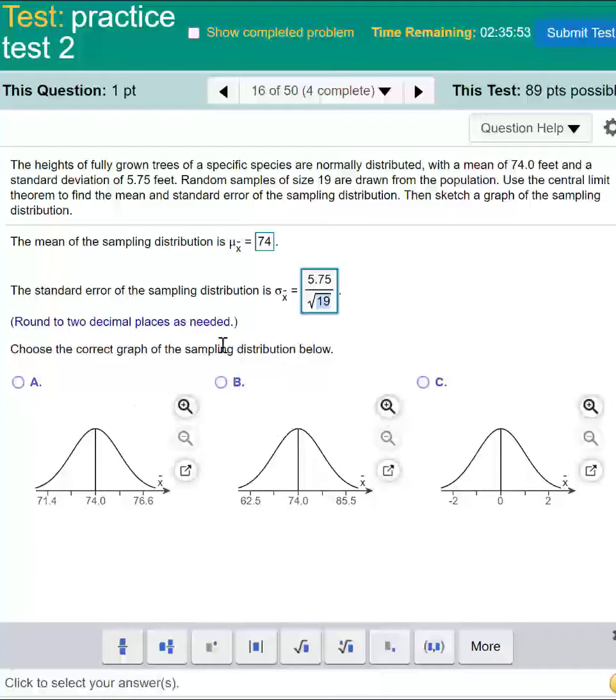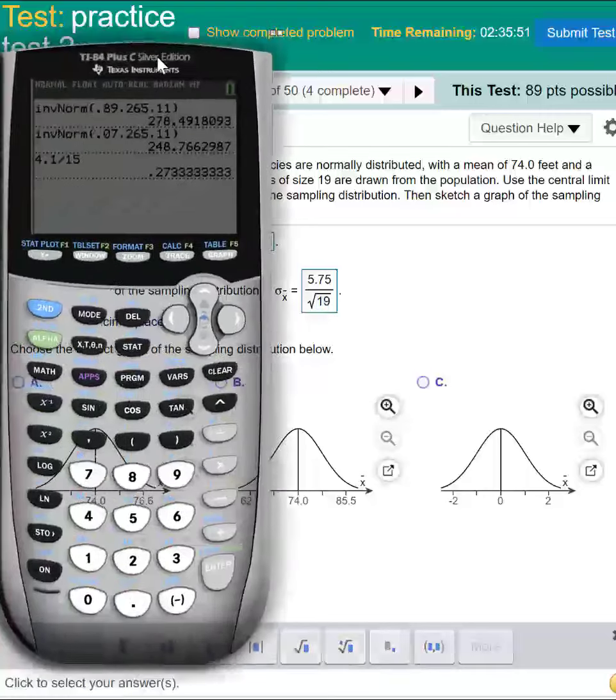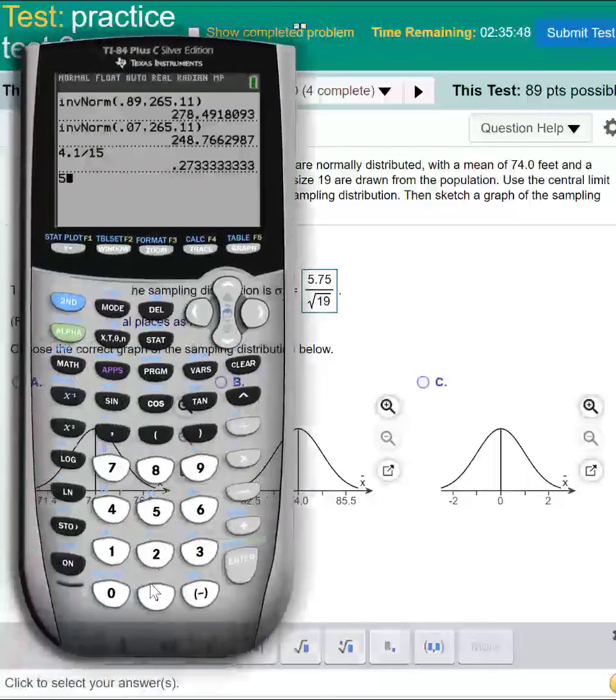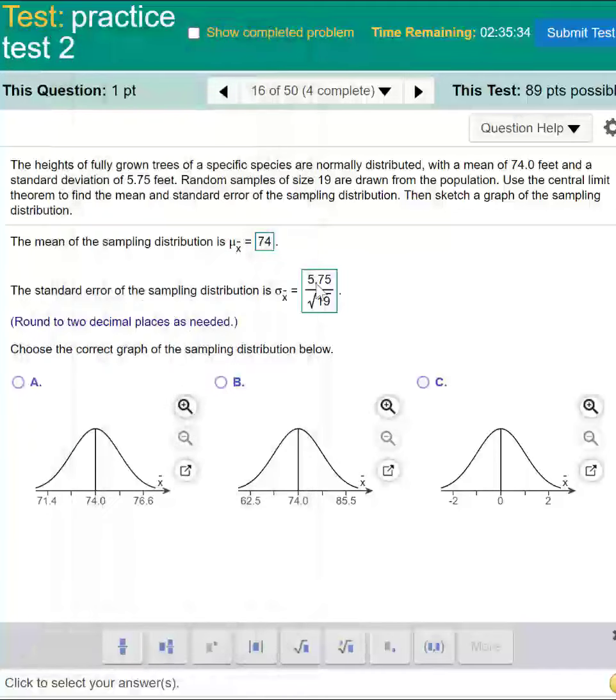Choose the graph that resembles this. If I do 5.75 divided by the square root, let's see what the standard deviation is. 1.31. So you need 74 and then 1.31 added 3 times and subtracted 3 times.